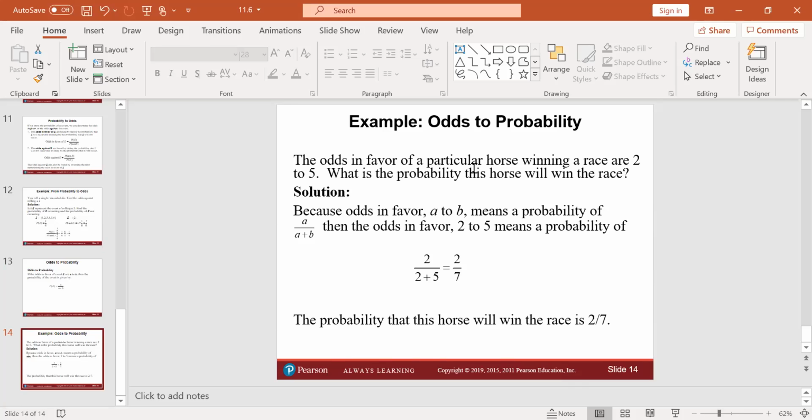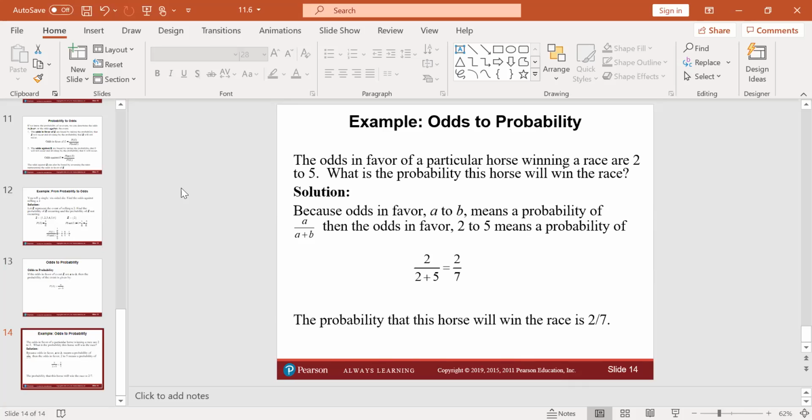There's 7 total chances, which is why we add the 2 and 5, and that's the denominator. The numerator is the number of chances that go our way. So 2 to 5 odds does not mean there's a 2/5 chance the horse will win. 2 to 5 odds means there's actually a 2 out of 7 chance the horse will win, because there's 7 total chances you're talking about. So the probability that the horse will win the race is 2/7.